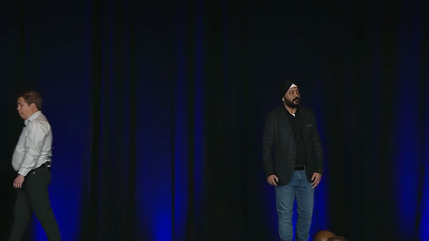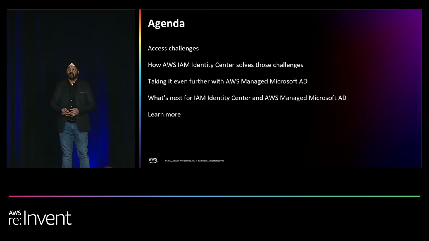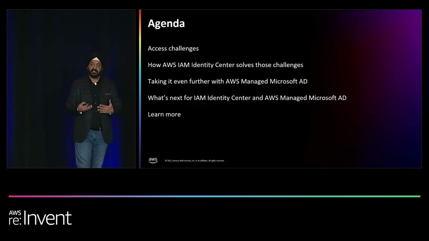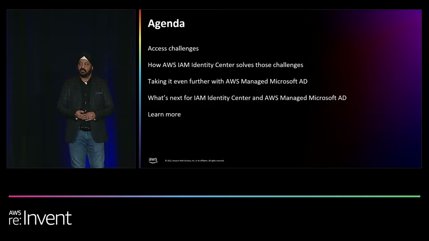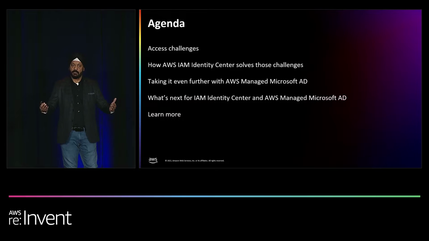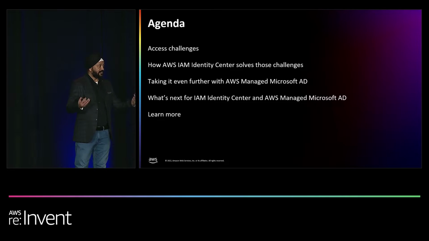Thanks, Jonathan. So over here, we are going to talk about what is IAM Identity Center. How can we simplify access management of AWS services using IAM Identity Center? And then we'll take the conversation beyond, on one of the key tenets that we have, which is meeting customers where they are. And we'll talk about some of the Active Directory services and what AWS has to offer.